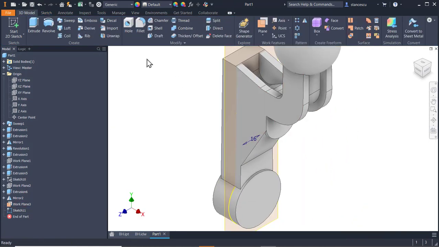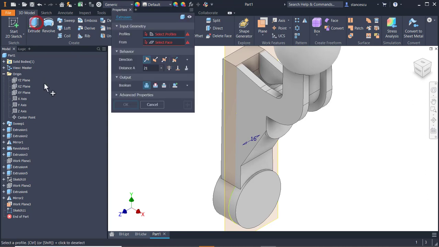Finish sketch, extrude this, cut the other direction all the way.